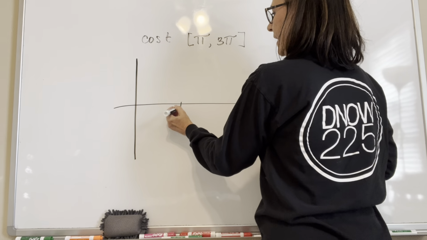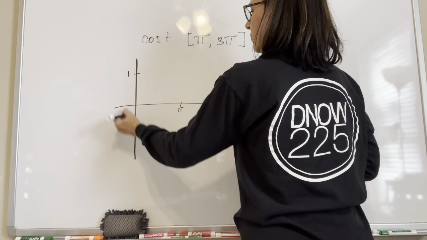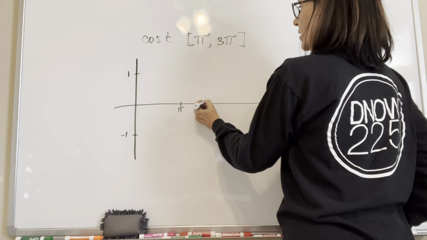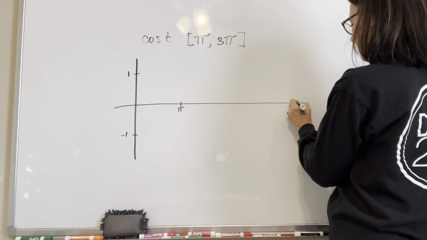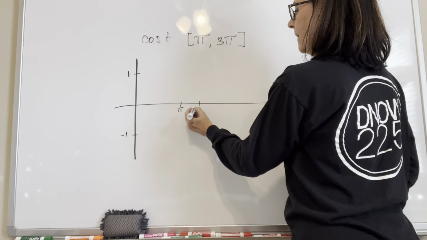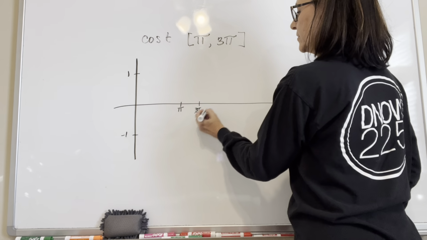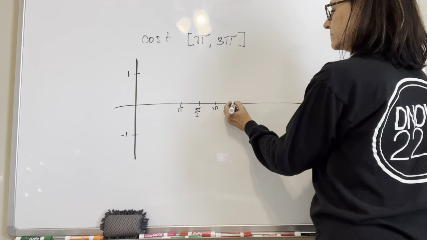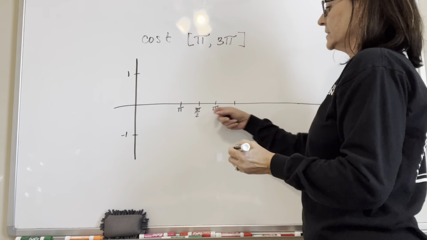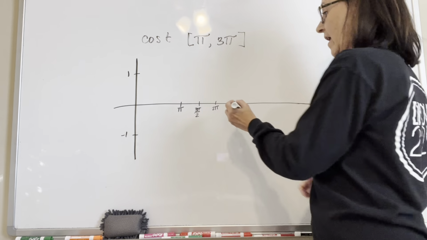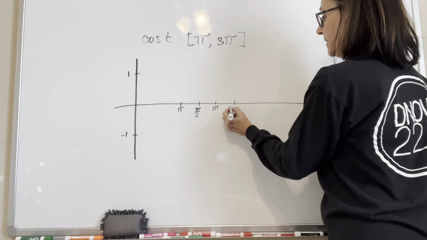All right, at pi. Remember, we're going to go up to 1, down to -1. So then we'll go, bring this out some. I'm going to make this a little smaller. That's 3 pi over 2. That's 2 pi. So this is going to be 2.5, which is 5 halves pi.